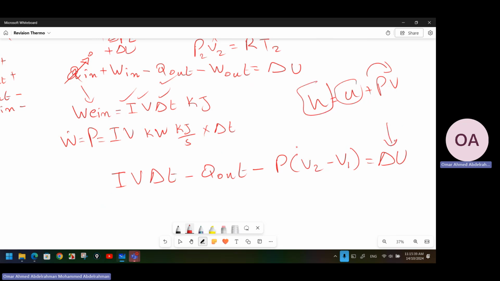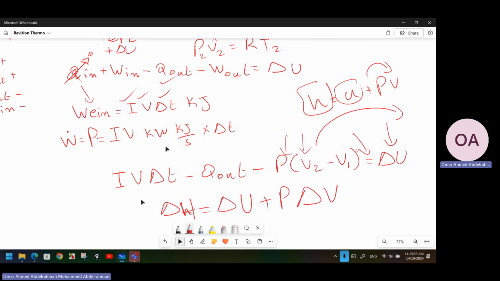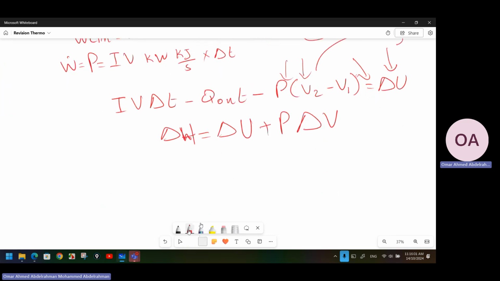I have here delta U and I have P and V. I can move the boundary work to the other side and say that delta H, capital, because they are capital here, equals delta U plus P delta V. Then I will replace the boundary work and the internal energy change by delta H. So I will have IV delta T minus Q out is equal to delta H capital.